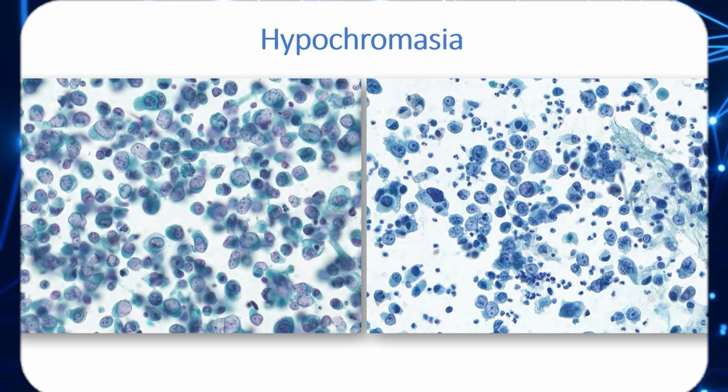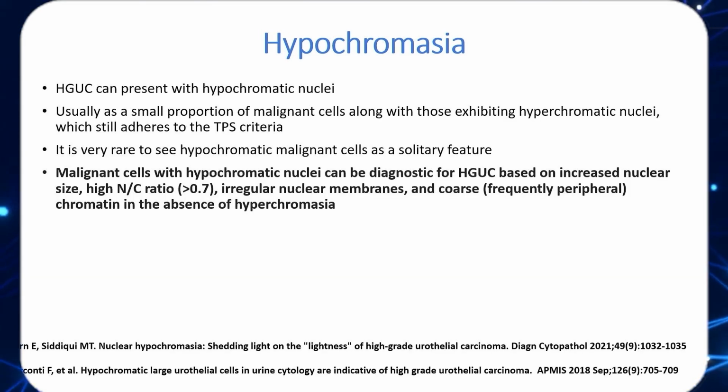But if you look at this sample here, you can see the majority of cells have hypochromasia, but then there are at least 5 cells with hyperchromatic nuclei, which would help you in facilitating a diagnosis of high-grade urothelial carcinoma. So hypochromasia by itself is an exceedingly rare event.